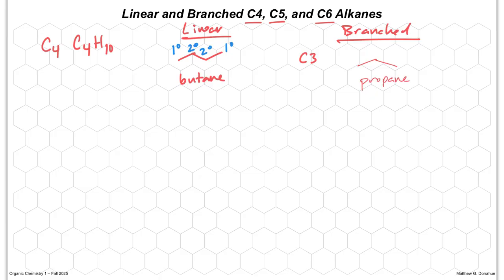But now we have that other methyl or carbon group we have to put in there. So in red numbering, I'm just numbering the chain 1, 2, 3, so that's propane. But we have that 4th carbon. We can't put it at 1 or 3 because that just makes the longest chain. So we have to put the last one at position 2.